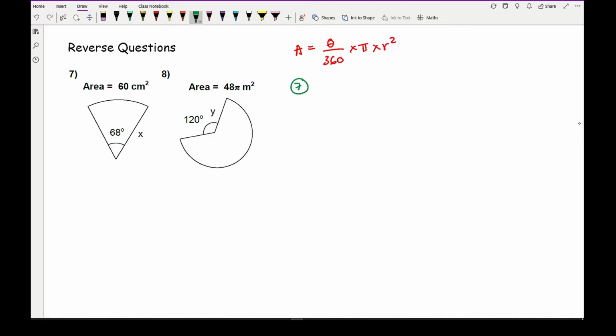Question 7: I know that A equals 60, theta equals 68 and r equals x. So I'm going to substitute these numbers into the formula. I've got 68 over 360 multiplied by pi times r squared, and that equals 60 centimeters squared.